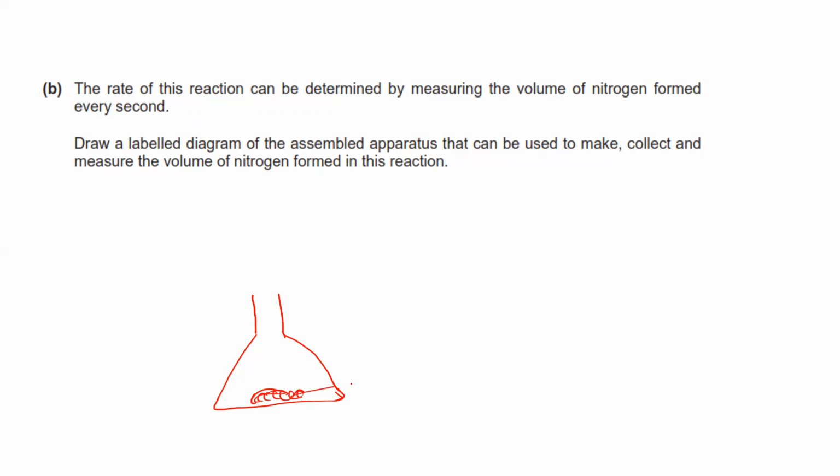So this is your NaNO2, you have the excess solution. This is your excess of NH3SO3, ammonium sulfamic acid, and then you have a glass tube that goes to a syringe.